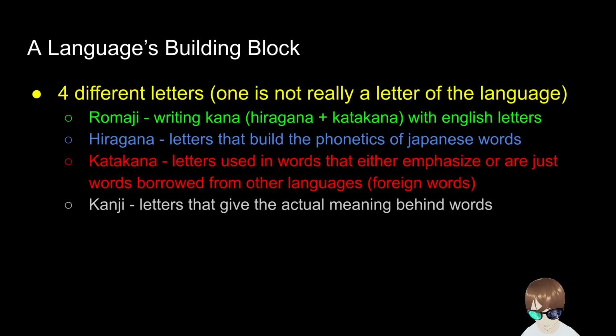The difference between hiragana and katakana is that katakana is not used for regular Japanese words, while hiragana is. Katakana is actually used for things like foreign loan words for the most part, which I will go over later.